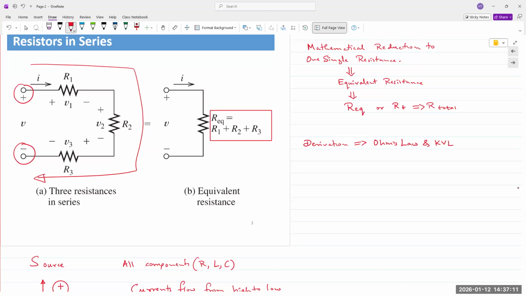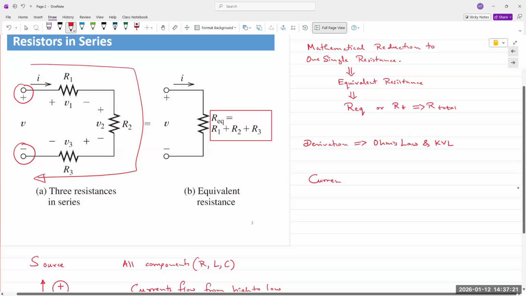Important point to note, current through a series connection always remains the same. There is no other pathway for the current to go through, so current always stays the same for all components.